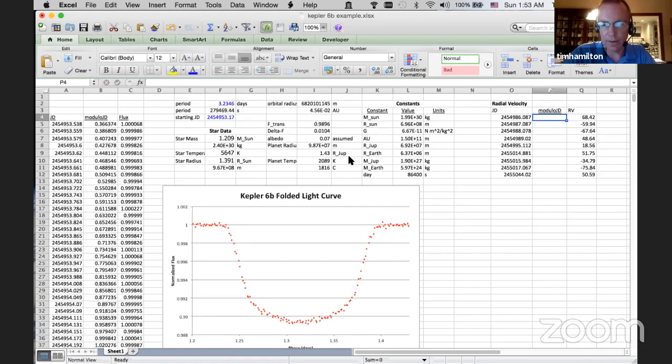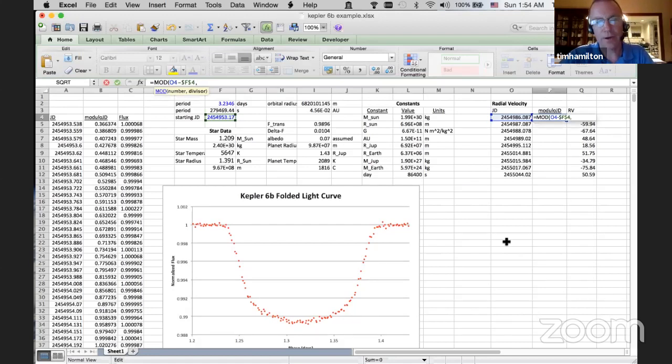Okay, and so this is equal to, actually we can do it a little more, oh, yeah, we'll do it exactly the same way. We can even avoid the starting Julian date because we don't really care about it for this, but we might as well keep it the same. So we take the Julian date minus that starting Julian date, and I've got to do a little bit more with mine because it's a spreadsheet.